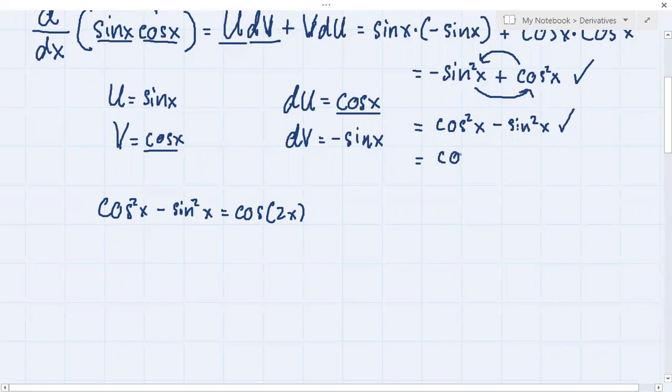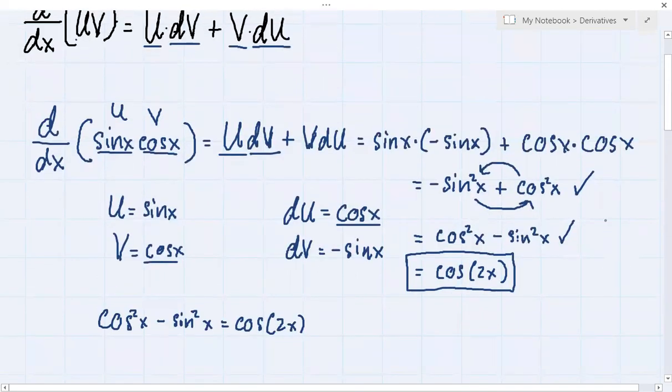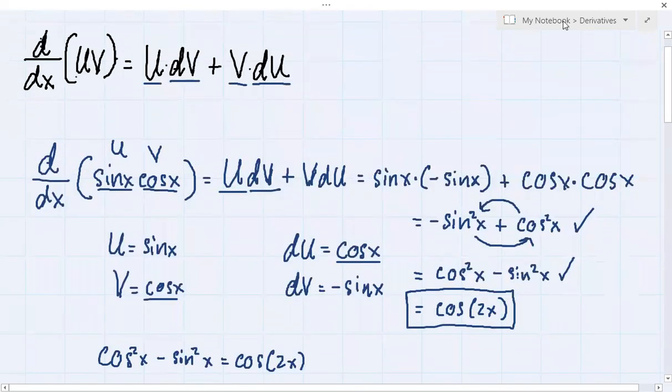Therefore, we will have cosine of 2x. So that will be our final answer and the most simplified answer. So that's it lang. All right?